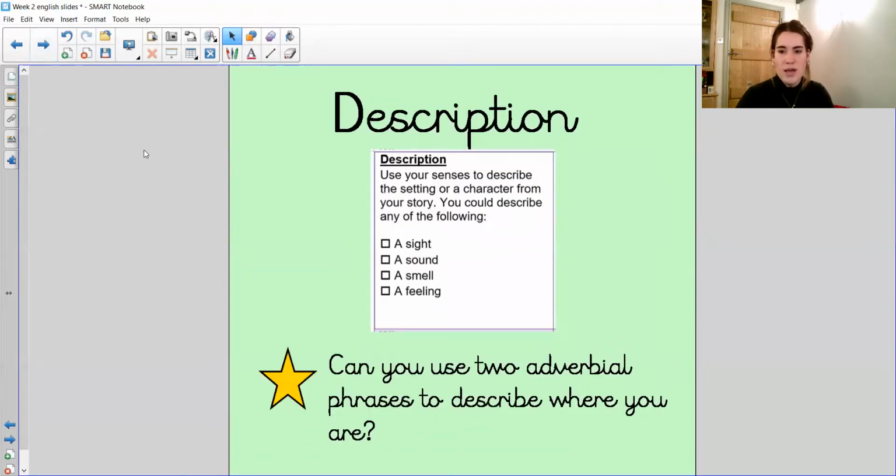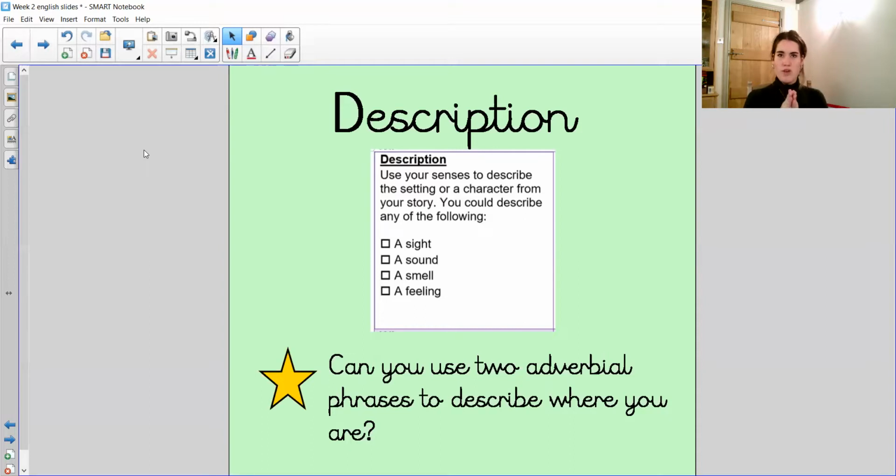So just before I actually start writing, what I like to do when I'm thinking about what I'm going to write is plan it out in my head a little bit. I've got 9 sentences to write altogether. I'm thinking in my head, where do I want to go with this setting description?